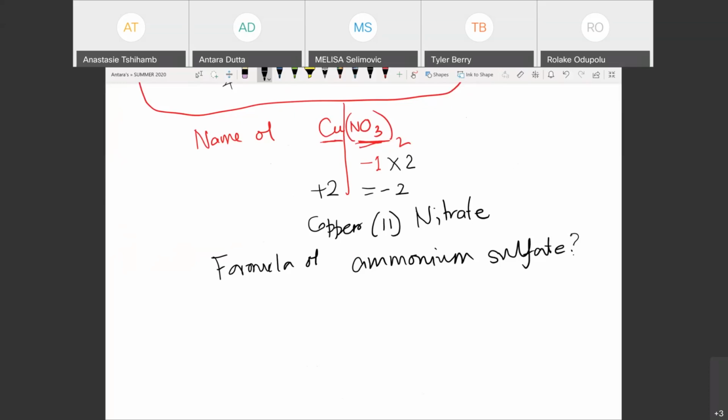NH4 plus, yeah, ammonium, and sulfate SO4 2 minus. So now you see their charges are different. That means when you write the formula, you have to switch their charges. So ammonium will get the charge of sulfate and sulfate will get the charge of ammonium.